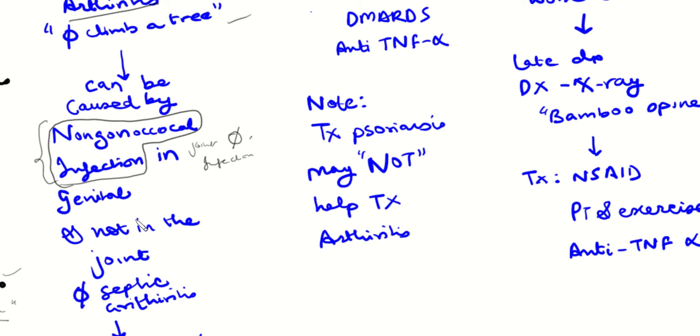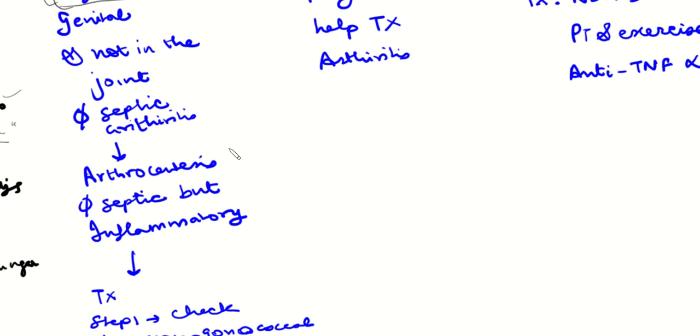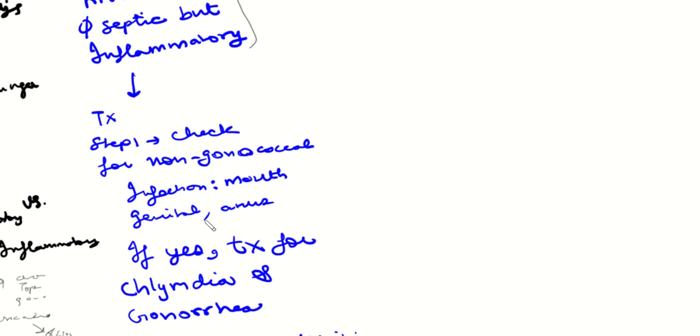So it's not in the joint. Okay, so again, you do arthrocentesis, but it's not septic, it's inflammatory. So what do you do? Check for all the areas where you can have the sexually transmitted disease or non-gonococcal infection. Okay, mouth, genital, and anus are three most common areas.